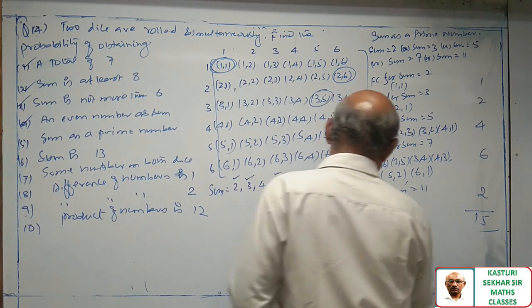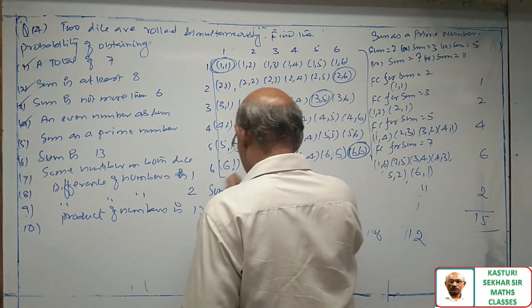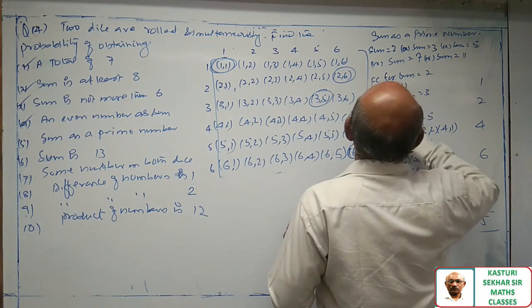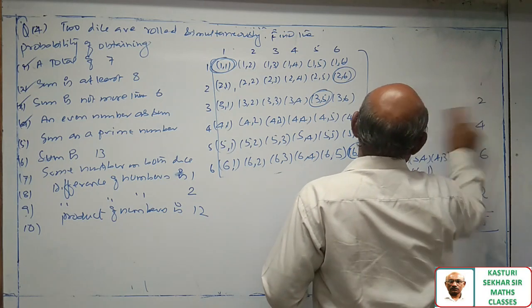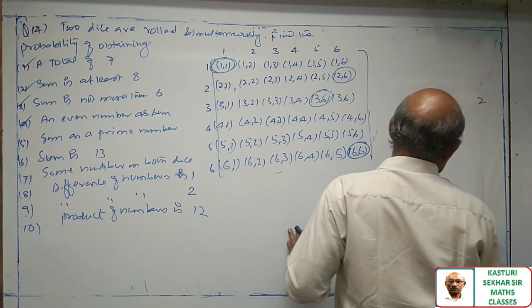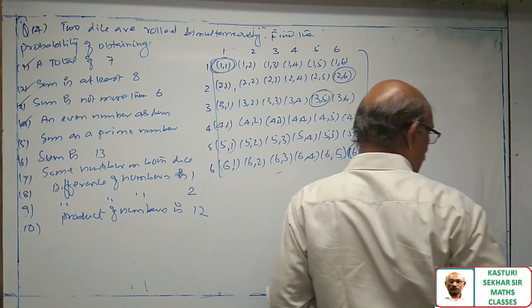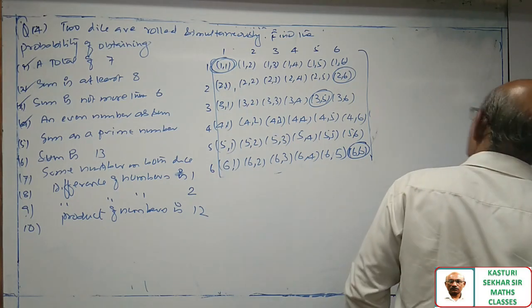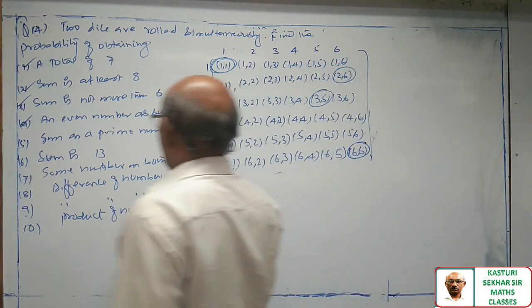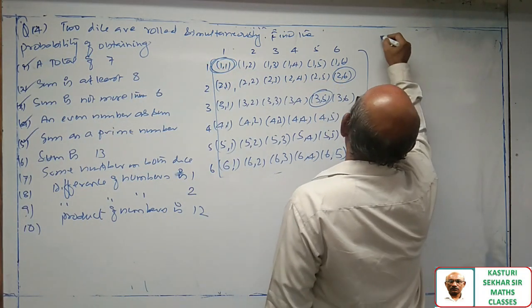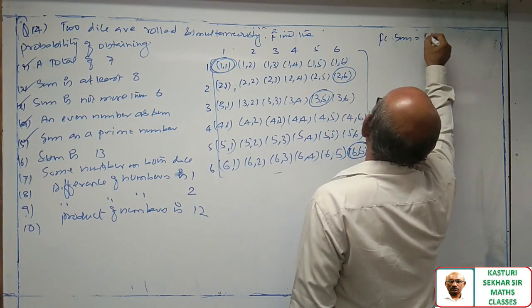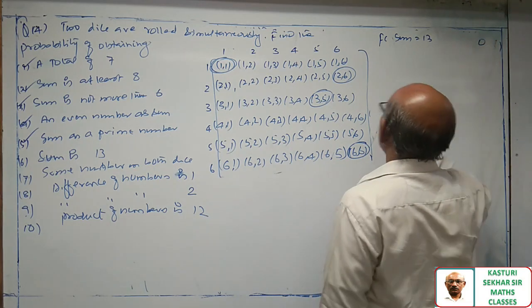Okay, sir. Now sum as a prime number is over. Sum is 13. Favorable cases for sum is equal to 13: 0.